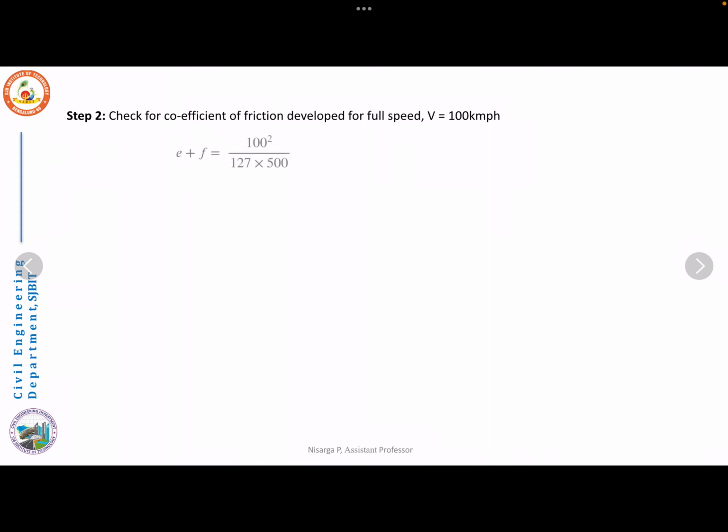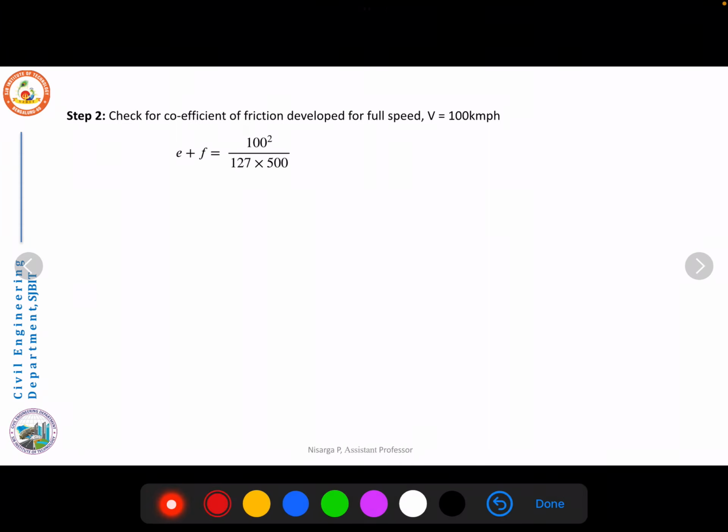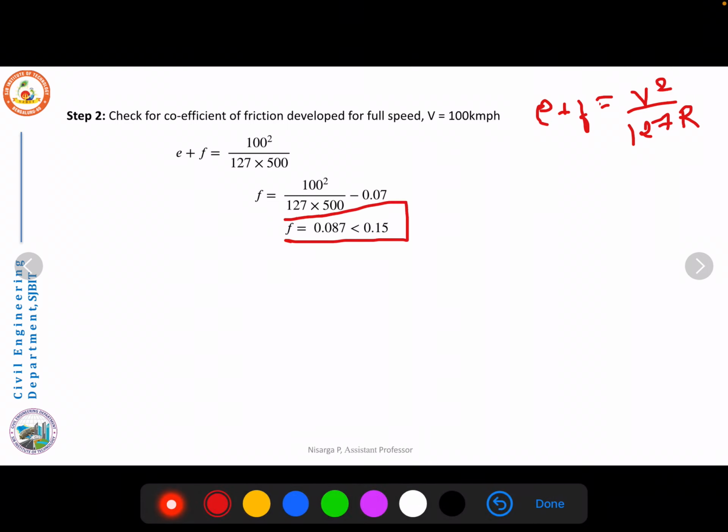To check the coefficient of friction, take the same superelevation equation, e plus f is equal to V squared divided by 127R. In this, substitute the value of e as 0.07 and all the other data, and find the friction value that is obtained. So here the obtained friction value is 0.087, which is less than 0.15, the maximum lateral friction value permissible at the horizontal curve.